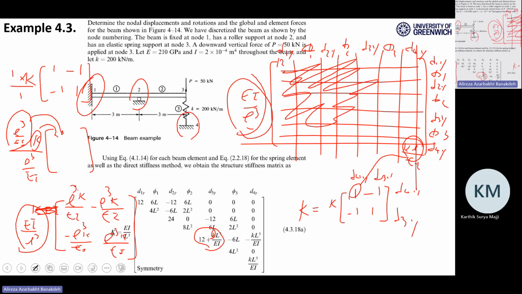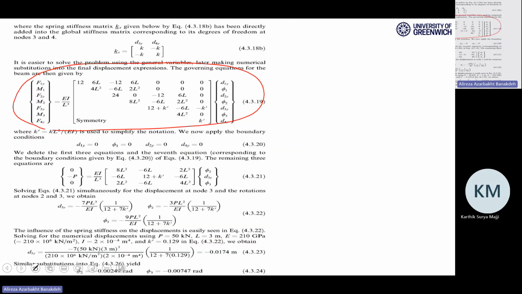Altogether, you need to eliminate 4 degrees of freedom, right? D1Y, Phi1, D2Y, and D4Y. Which ones are free to move? Phi2 is free to move. D3Y, Phi3 are free to move, right?